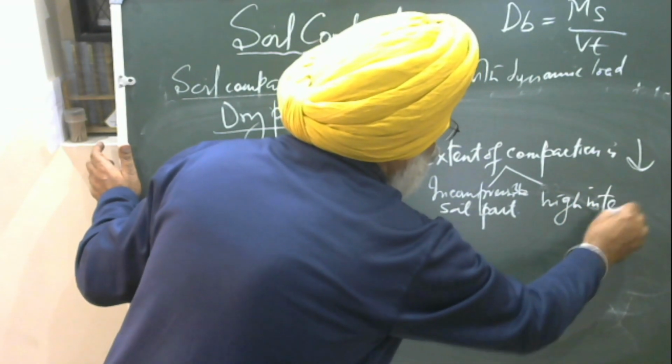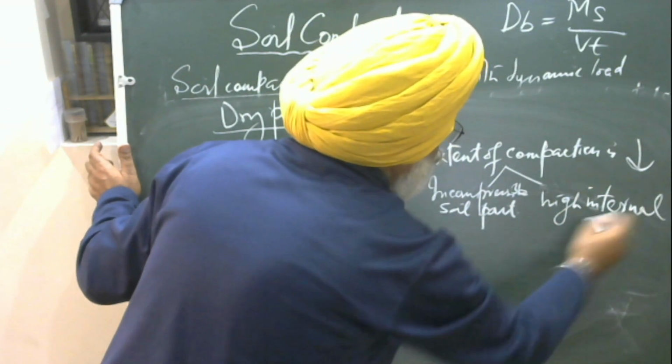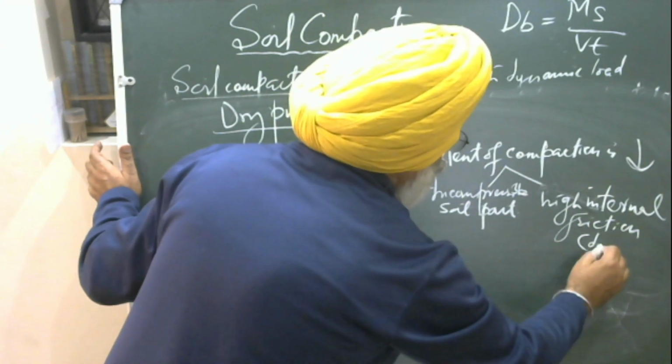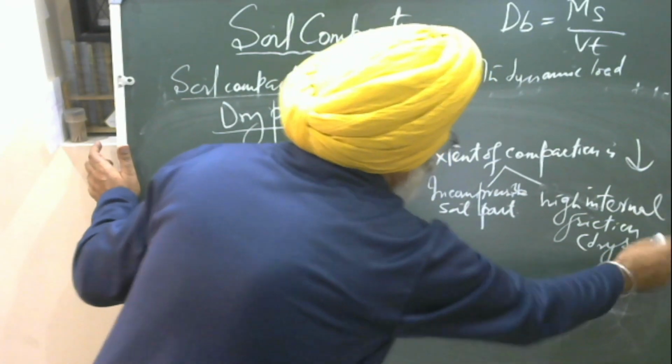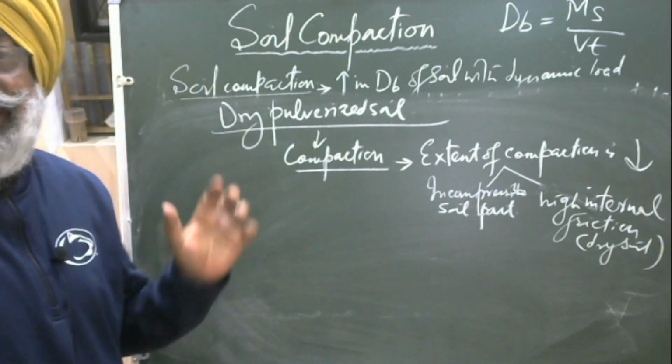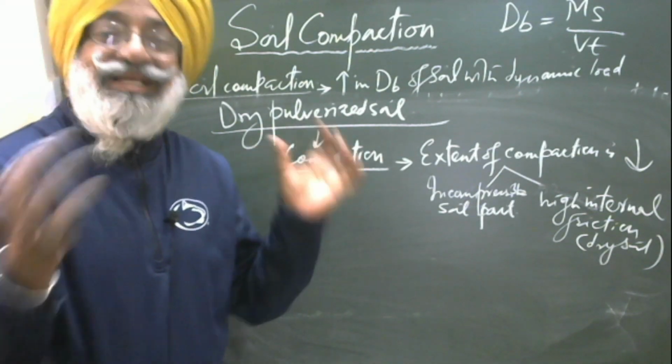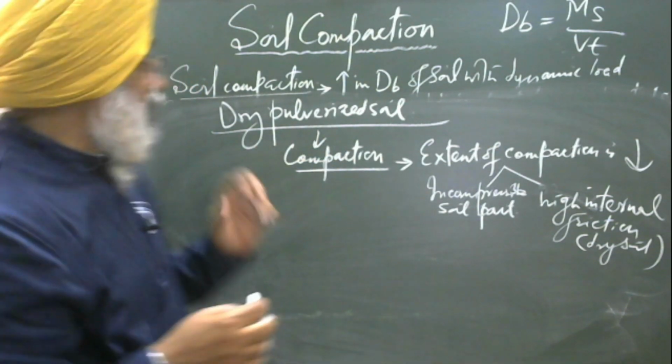Because the soil is dry, the internal friction will be high. So because of these two reasons, a dry soil cannot become compacted to such an extent as the wet soil is.